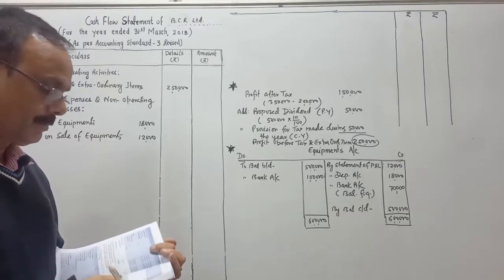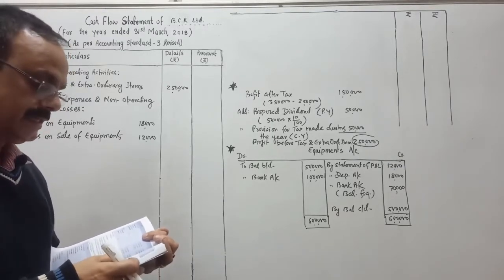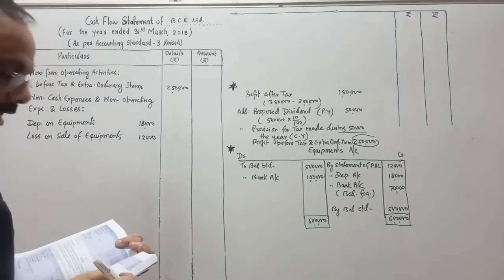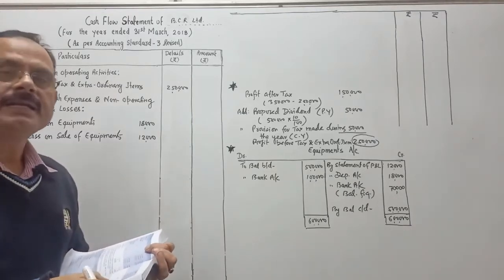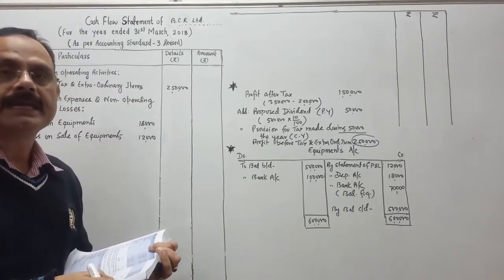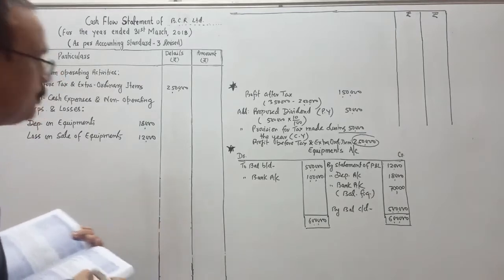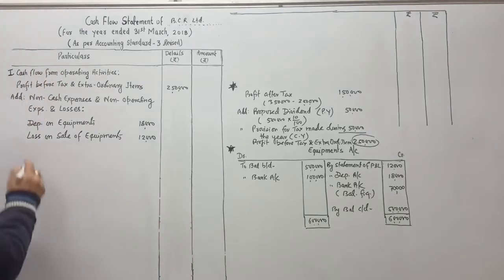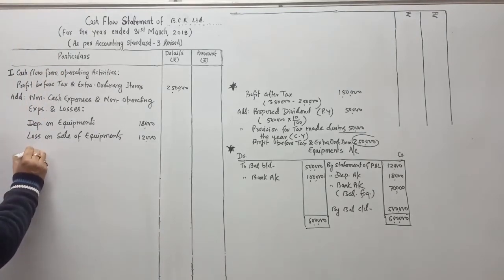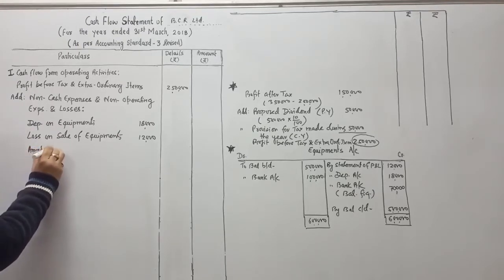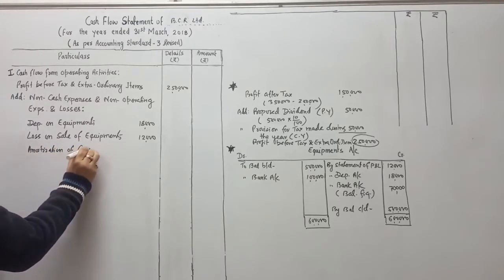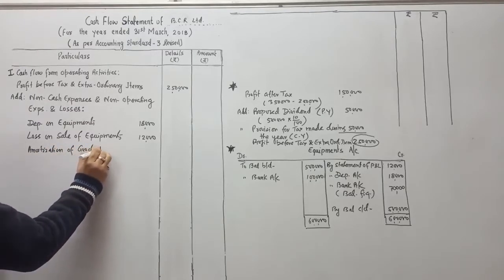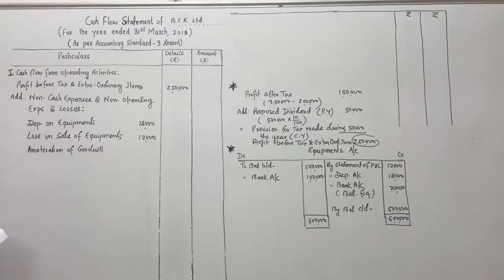When we see note number 2 related to goodwill, last year goodwill was 1 lakh, and this year it is 95,000. What does it indicate? It indicates goodwill written off, amortization of goodwill.